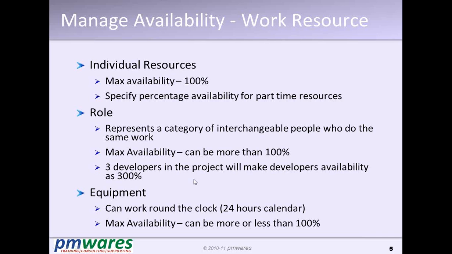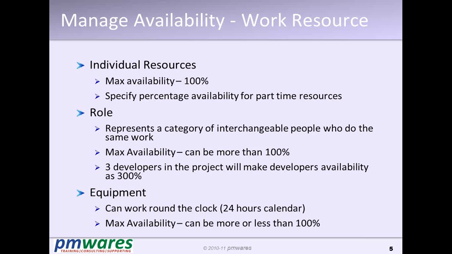What are the characteristics? So work resources have a characteristic of individual and role. An individual can be maximum 100%, a person cannot be more than 100%, but a role can be. So how can we define three project managers or 3 developers or 5 laborers or 10 laborers? By increasing their percentage.